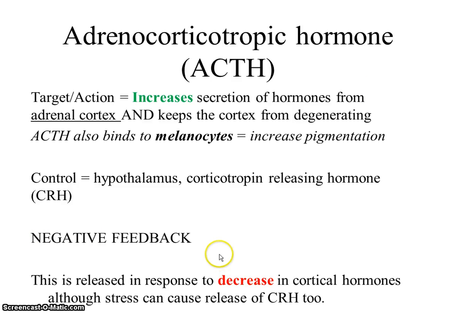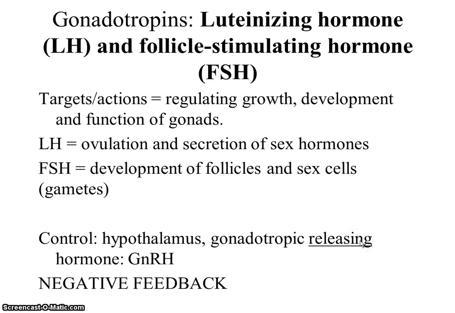Negative feedback to maintain the levels, and this is released also in response to a decrease in cortical hormones, and stress can cause the release of corticotropin releasing hormone too. So again, there's other things that can cause this to be stimulated, but we're going to really focus on the control through the hypothalamus. We'll talk about blood glucose too when we get to cortisol.